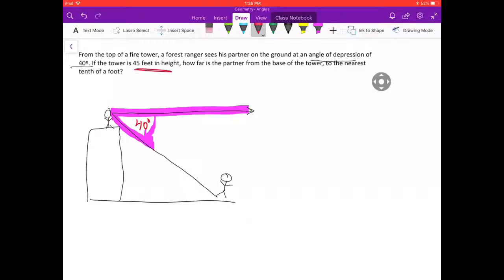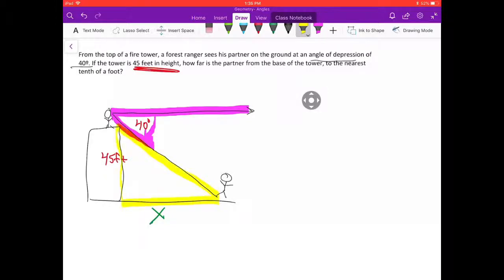We know that the tower is 45 feet in height. This is where my tower is. And it wants to know how far from the base of the tower his friend is. So now, how do I solve this since my angle's up here and I really want to look at this triangle?